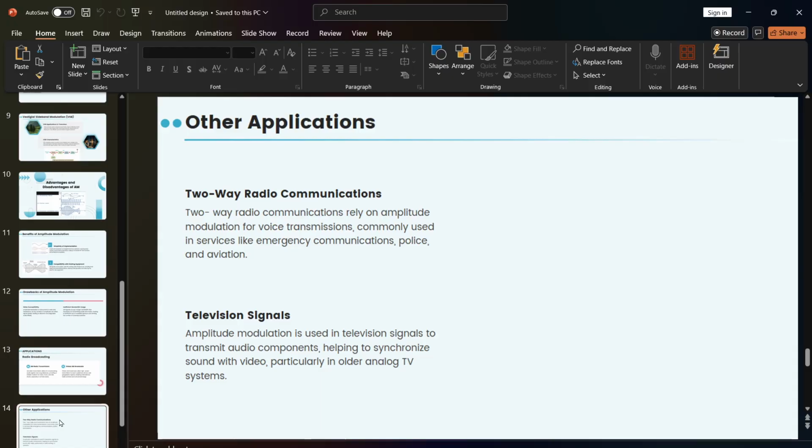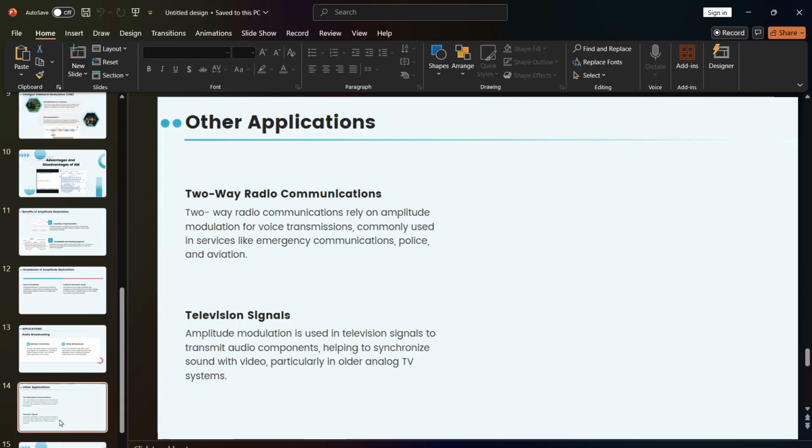And for television signals, it is used to transmit audio components, helping to synchronize sound with video, particularly in older analog TV systems. So these were the applications of AM, that is amplitude modulation.